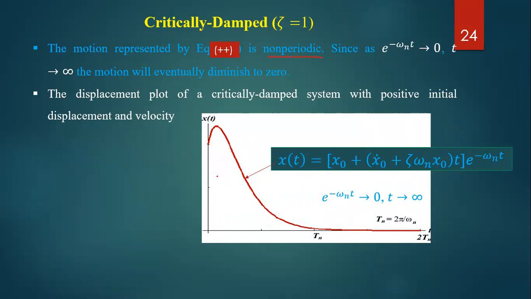It immediately goes to some maximum amplitude and comes down within 1 period to a very small amplitude, and then it goes to zero as time marches. So this is the type of graph for critically damped vibration. This is the equation of motion.